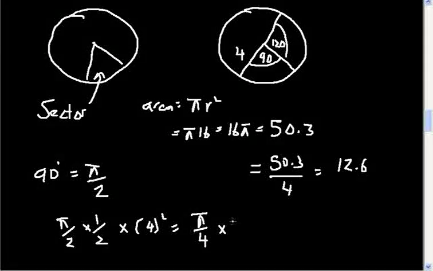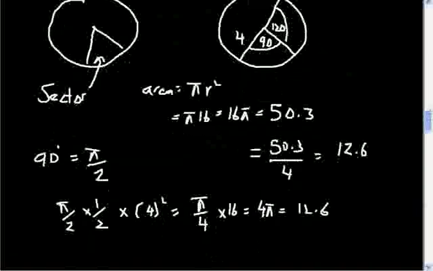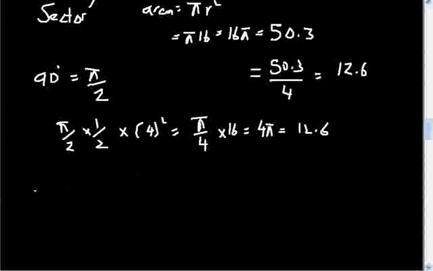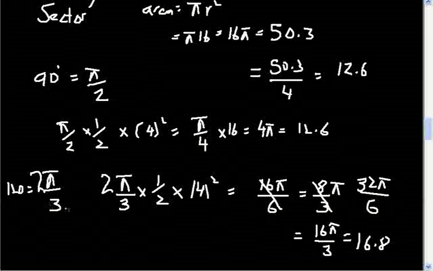That is equal to pi by 4 times 16, which is equal to 4 pi, approximately 12.6 square units. What about 120? Again, we get 120 in terms of pi radians, so that is equal to 16 pi by 3, which is approximately equal to 16.8.